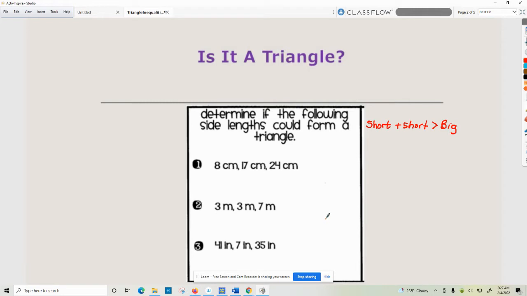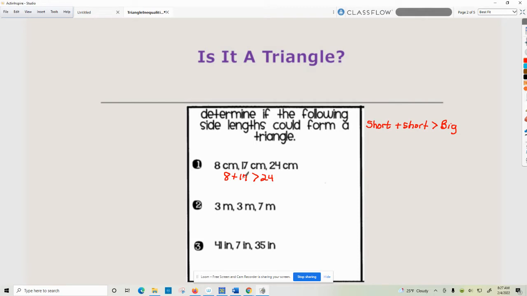So when I look at question 1, the two smallest sides are 8 and 17. So I want to take 8 plus 17. I've got to be bigger than my biggest side here, which is 24.